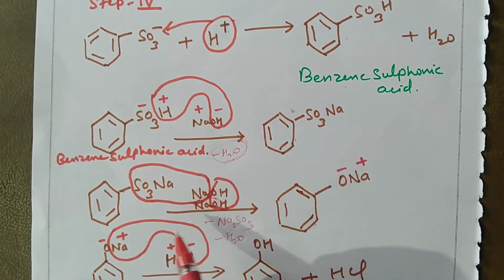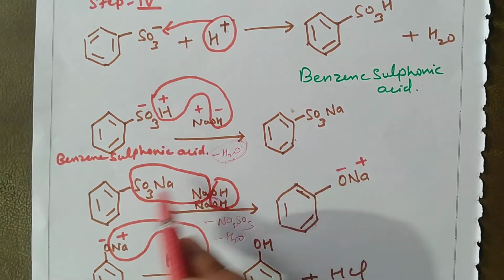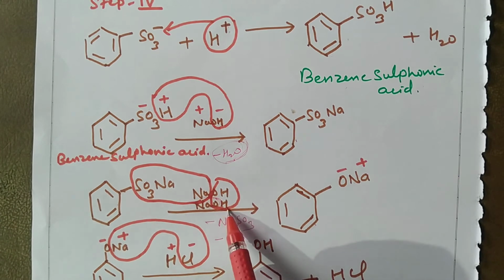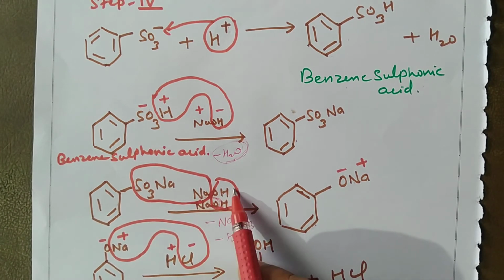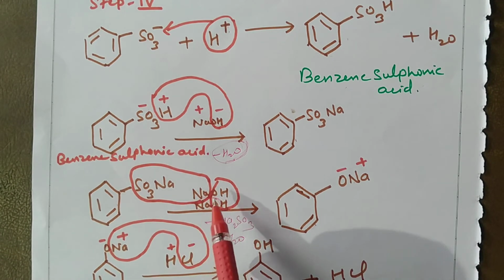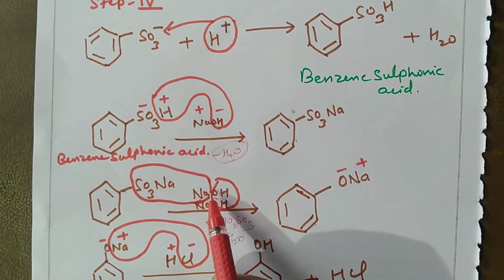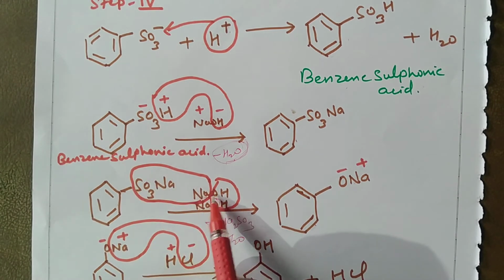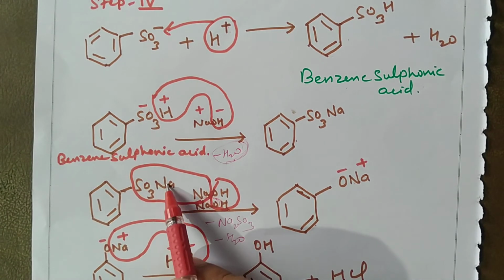Now this compound so formed is again reacting with two molecules of NaOH. So here two molecules of NaOH we have taken. Here what happens? One molecule of NaOH reacts with SO3Na to form Na2SO3.